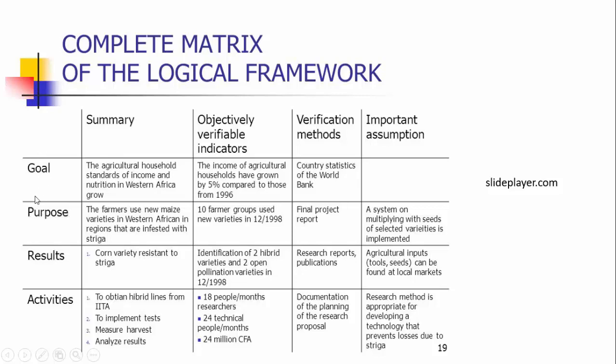This purpose will be the outcome, and where it's written results, it is the output. Then you have the activities. So you shouldn't get scared when you don't see things looking exactly the way you've learnt it, probably on this channel or in school, because organizations these days like to fine tune to suit their own specifications.